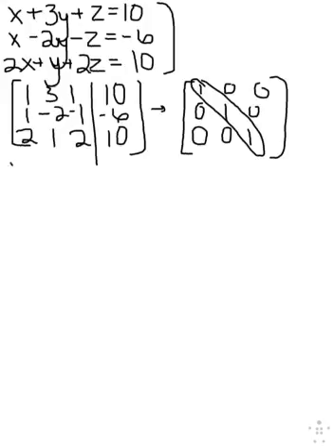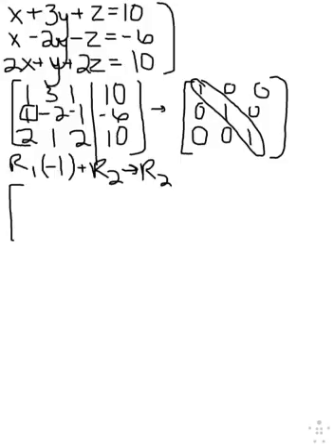So first we'll take row 1 times negative 1 plus row 2, and we'll store that in row 2 to make this 0. So 1 times 1 is negative 1, plus 1 is 0. 3 times negative 1 is negative 3, plus negative 2 is negative 5.